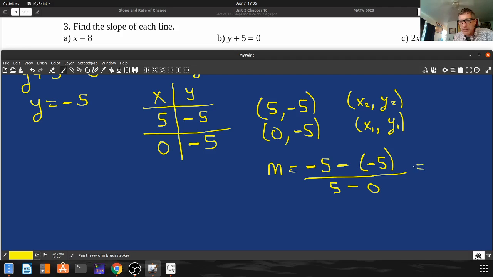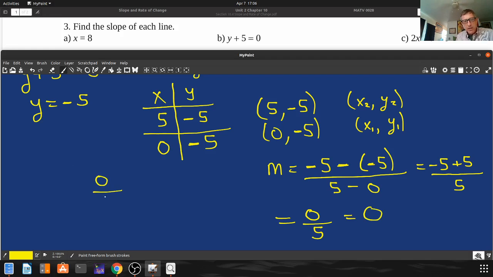So this is the same thing as minus 5. Minus a minus is plus. And this is 5. So simplifying more, minus 5 plus 5 is 0. 0 divided by 5 is okay. 0 in the numerator always gives 0. So again, just to remind you, 0 divided by 5 is the same thing as 0 times 1/5. And 0 times any number is equal to 0. So my slope is 0.